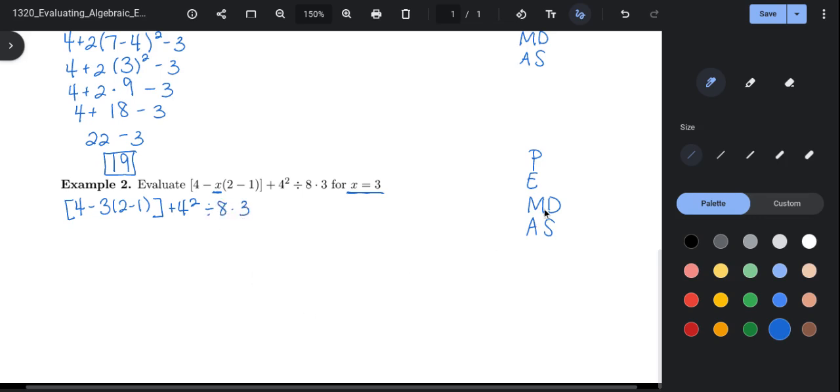All right, so still, the very first thing we're looking at is parentheses, which we have parentheses within parentheses. So we're going to focus on these brackets first, and we want to work inside out. And so since we have this 2 minus 1 in parentheses inside our brackets, that's the very first thing we're going to do. So 2 minus 1 evaluates to be 1.